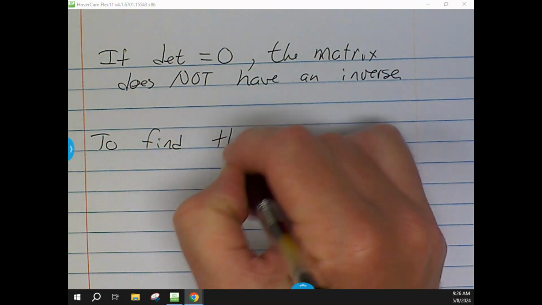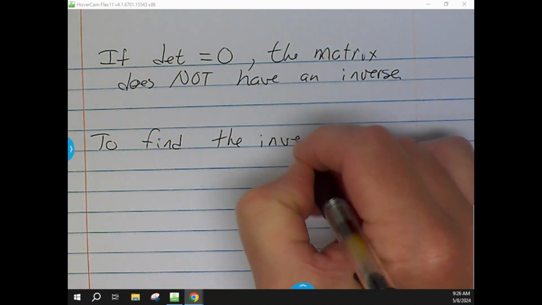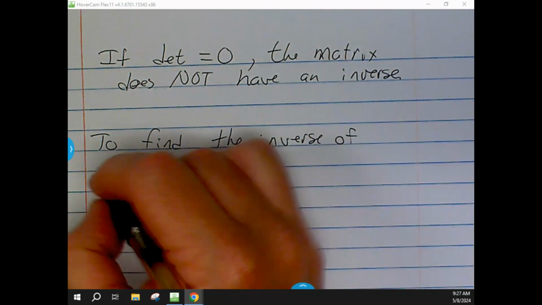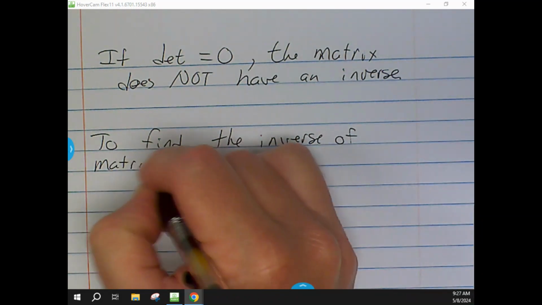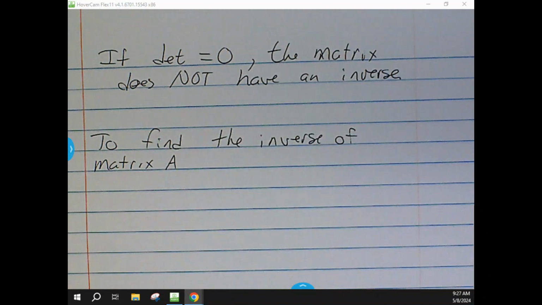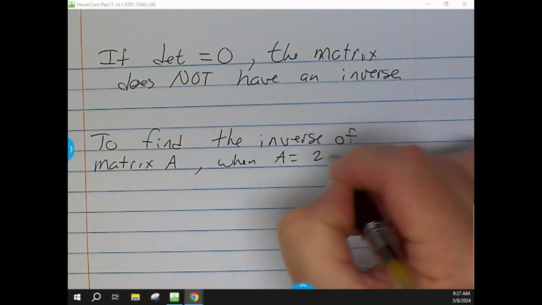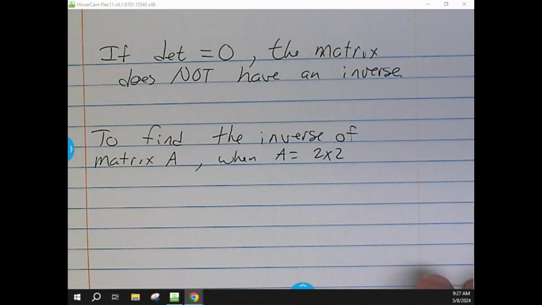So to find the inverse of, let's just say it's matrix A. Again, we're only going to worry about a 2 by 2 matrix.